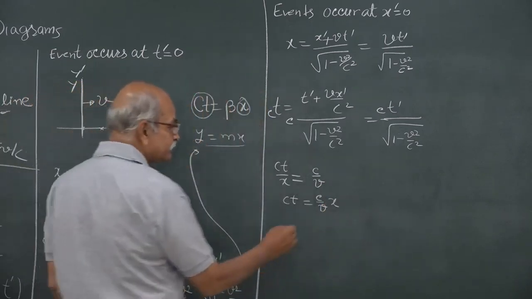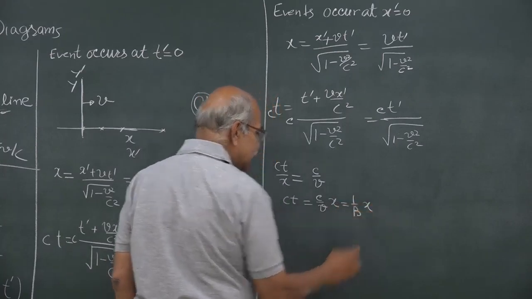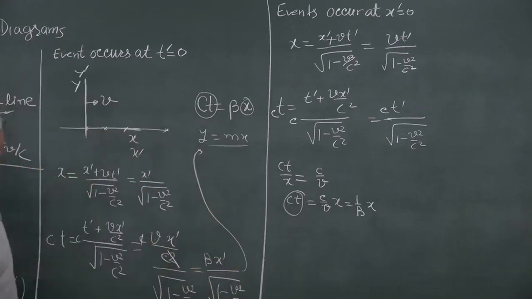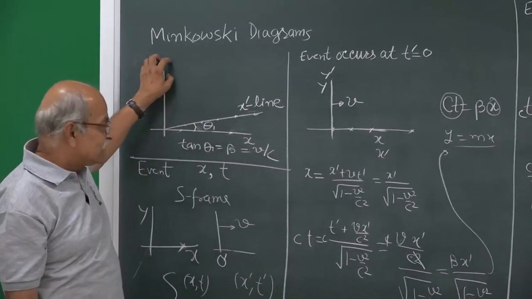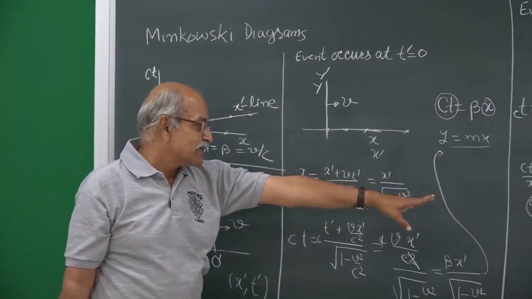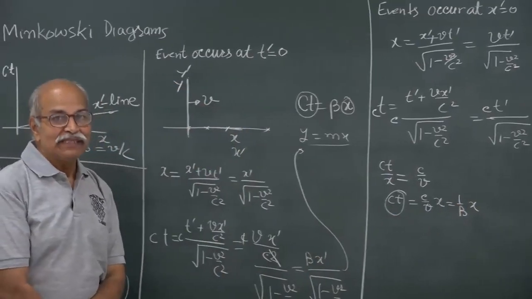This is 1 by beta times x. Once again, it is a straight line. This is your y coordinate on this plot, the vertical coordinate Ct, and this is the horizontal coordinate x. So, once again, y equal to mx type, but this time the slope is 1 by beta.